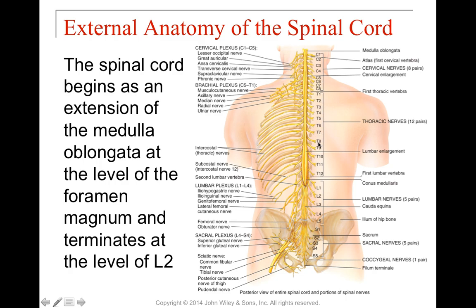As we follow down, we also get into the intercostal nerves, which service just like what they sound, inside the rib cage. Then continuing further down, we end up at the lumbar region. As we reach the lumbar region, we lose our spinal cord itself, but the spinal nerves still travel further down. That's where we enter into the lumbar plexus, which is going to service the pelvic region. It includes the iliohypogastric nerve.